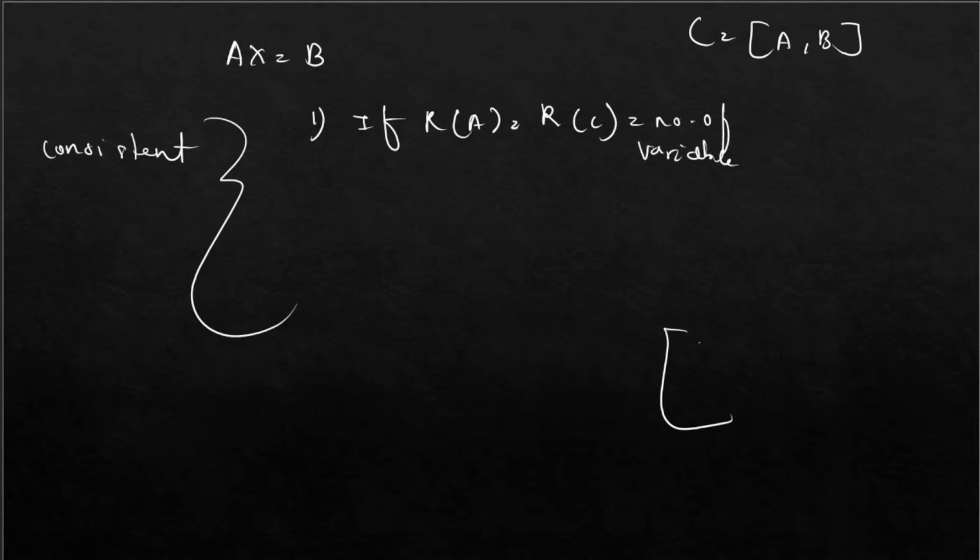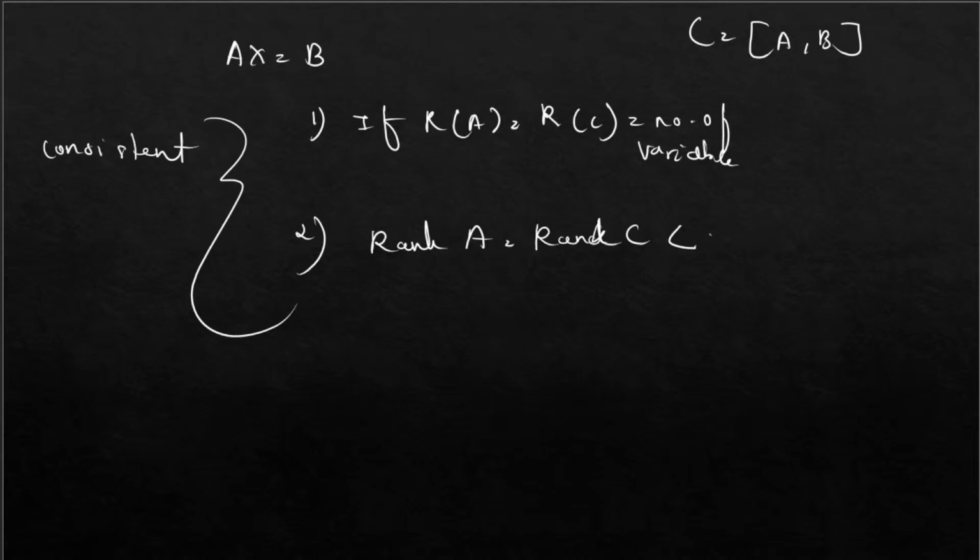So it's basically like this. Here we have some variables and here we have some variables, like this augmented matrix. Okay, after that, second is rank of A is equal to rank of C but is smaller than the number of variables x.